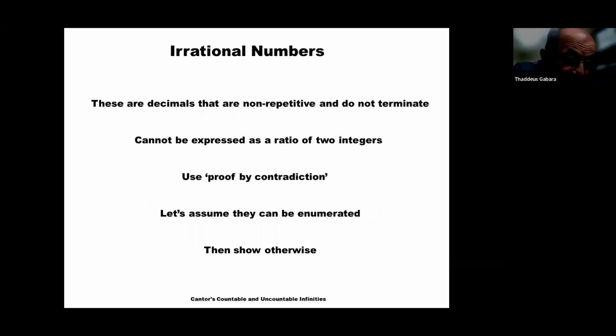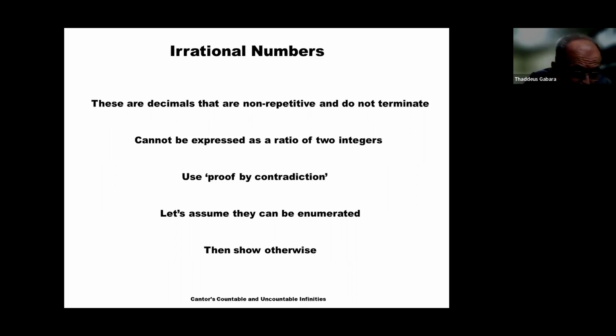Now, we've looked at a number of different sets of numbers, but there is a set that we haven't looked at yet, and it's the irrational numbers. These are decimals that do not repeat and they do not terminate.